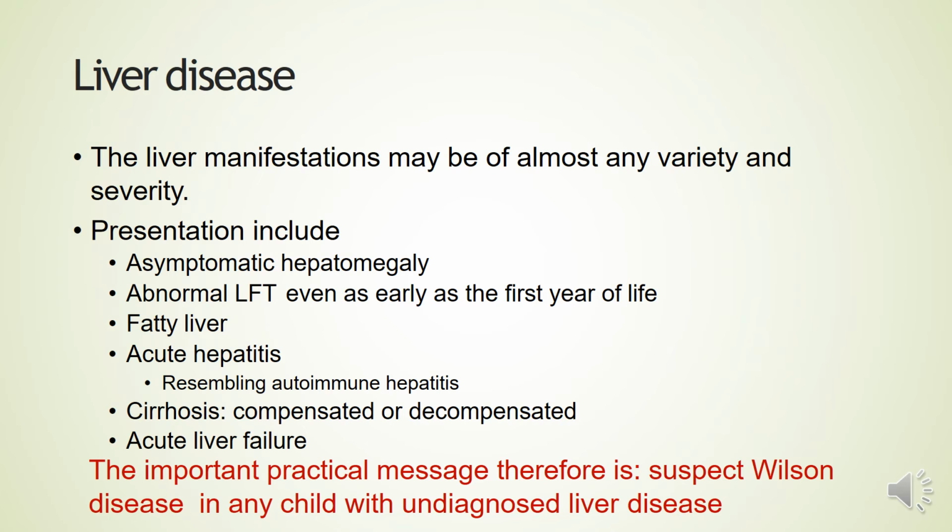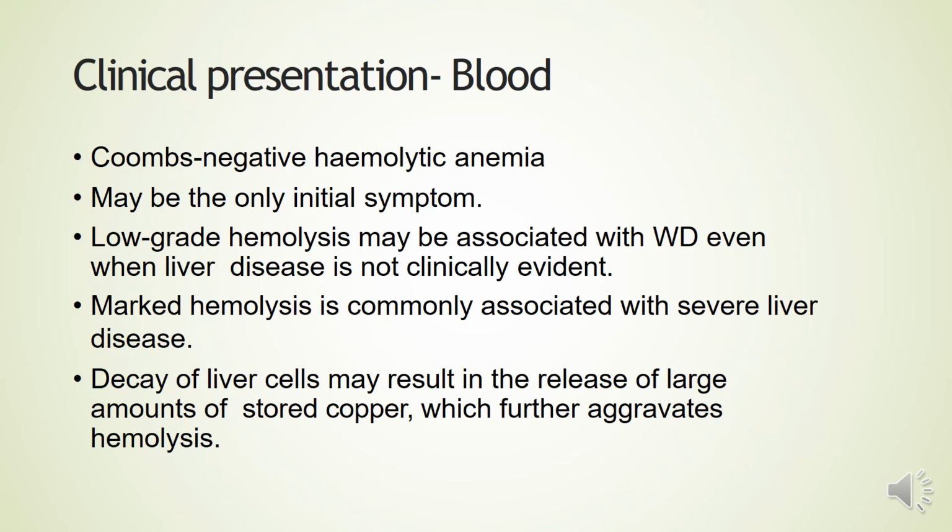So the important practical message here is to suspect Wilson's disease in any child with undiagnosed liver disease, especially above the age of 5 years. The clinical manifestation in the hemolytic system is that it can cause a Coombs negative hemolytic anemia, and it can sometimes be the only initial symptom.